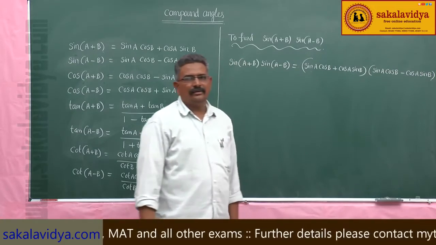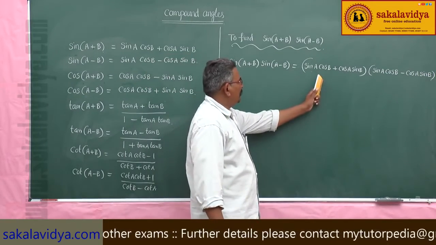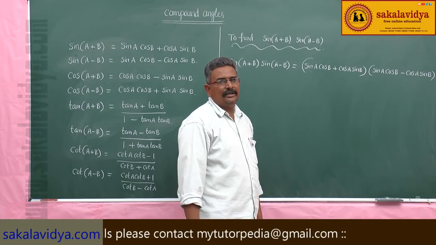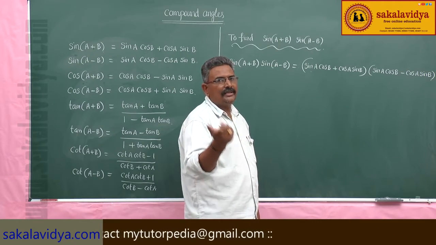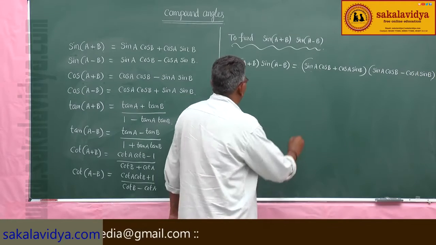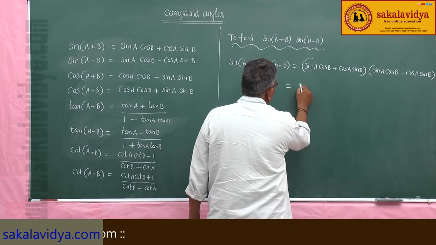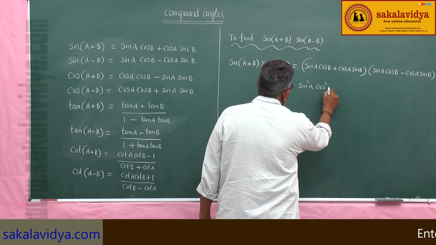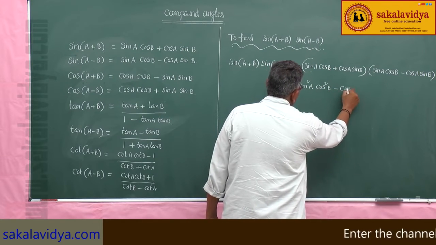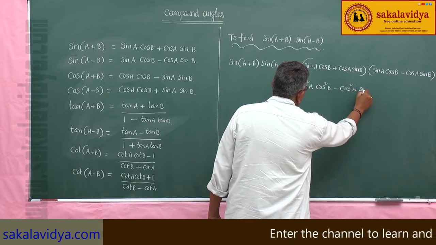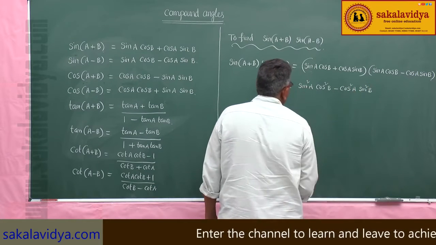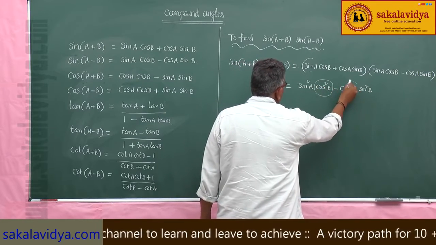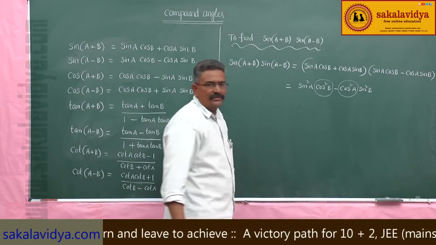Okay. Now what do you observe in the right hand side? Right hand side is in the form of A plus B into A minus B. So what do you write? A square minus B square form. So we can write this as sin square A cos square B minus cos square A sin square B. Now let us change this cos square B and this cos square A in terms of sin.